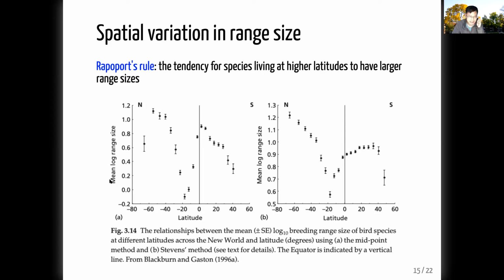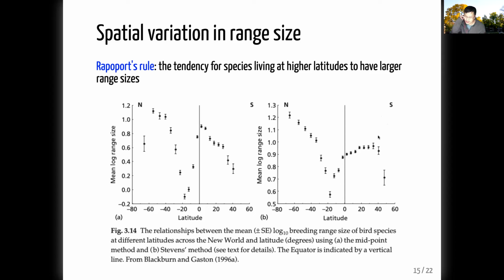The y-axis is the mean log range size. We can see this V shape, which is more clear with the different masses. A and B are just different masses. So clearly the range size is smaller in the tropical area compared with the high latitude area.